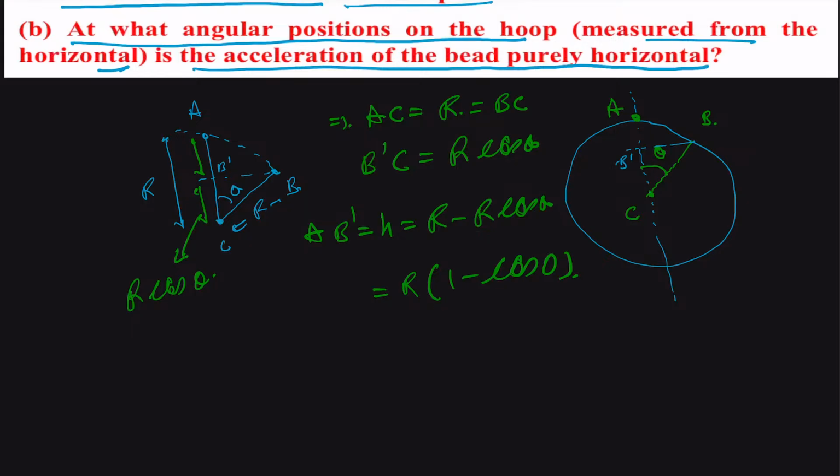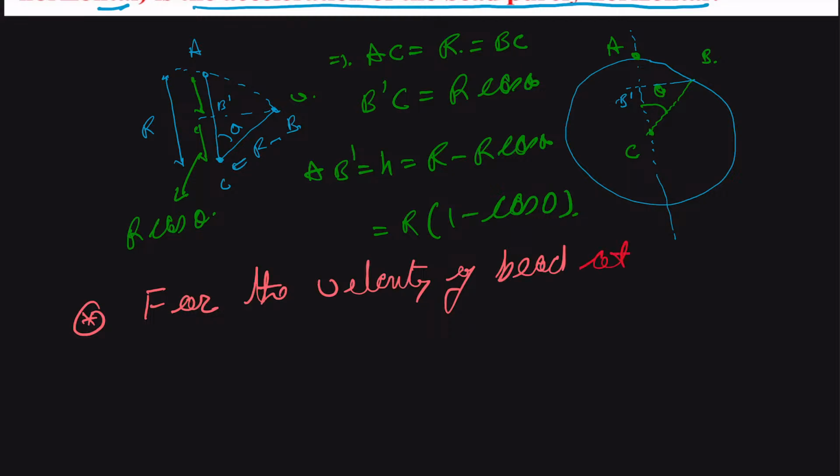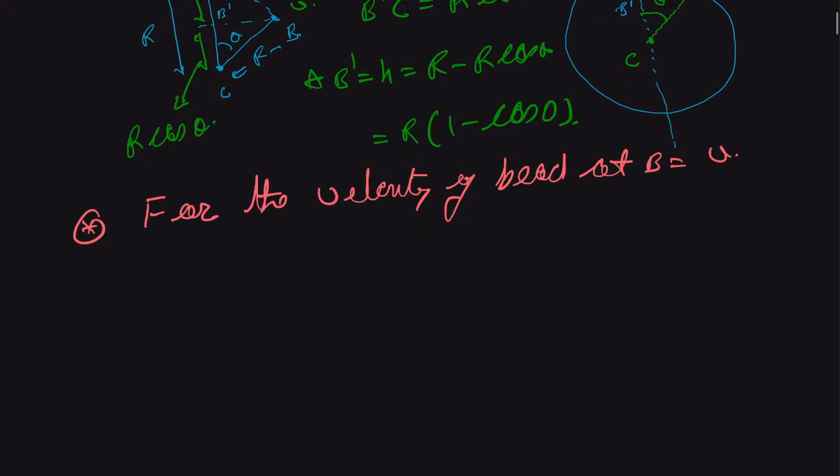So this is the fall in the vertical position of the bead when it moves from A to B. As it moves from A to B, let us assume that V is the velocity of the bead at point B. For this we can use conservation of energy.